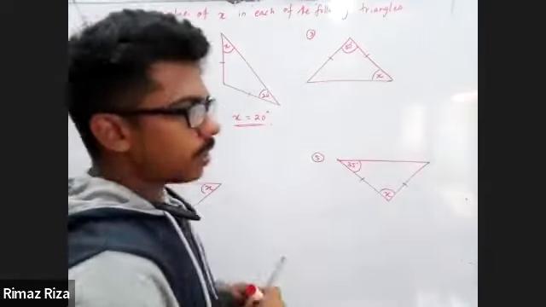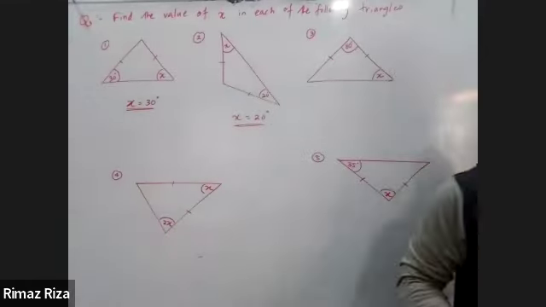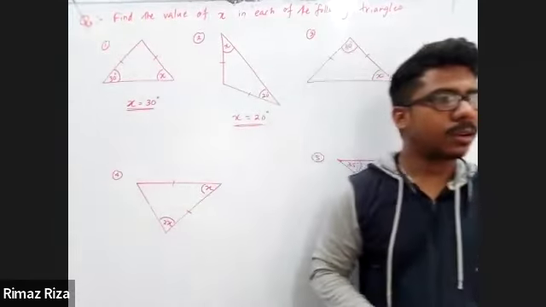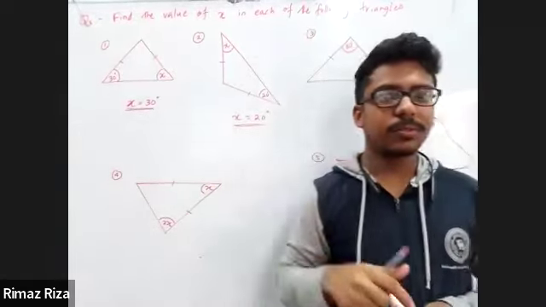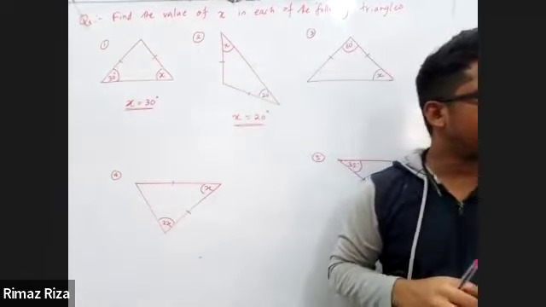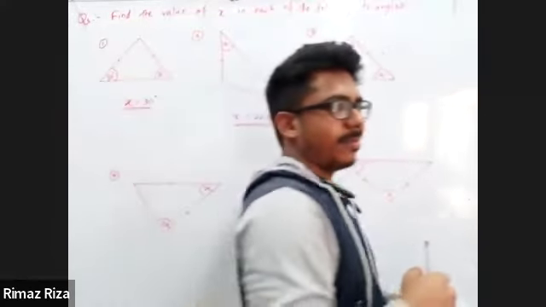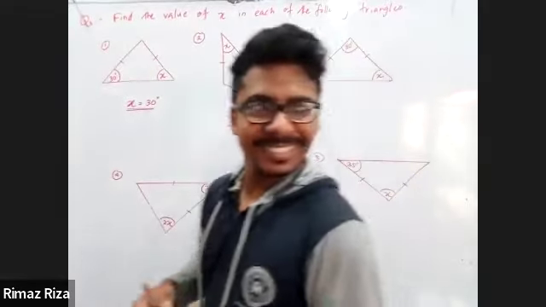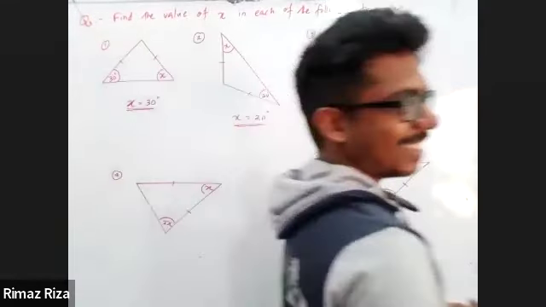Let's see who can get the answer for the third one first. If anyone got the answer, don't say it, okay? You can raise your hand. Some students from online, you can also say you got the answer. Because if you say it, others will just copy it down.